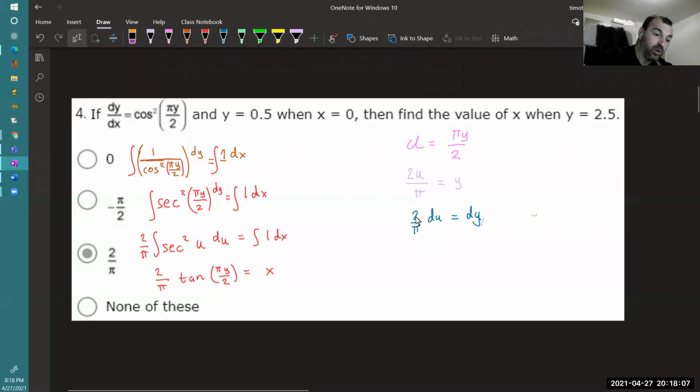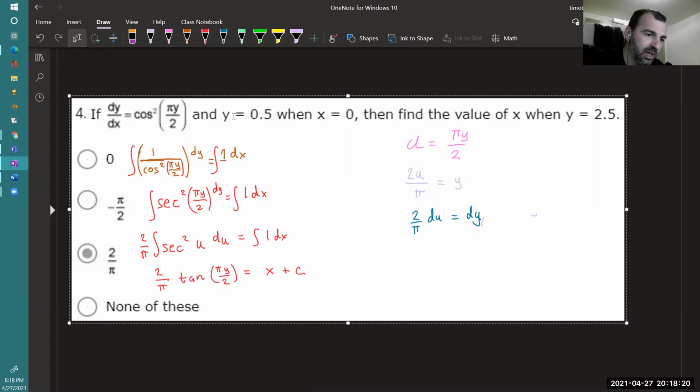There, we did that. Oh, and don't forget plus c, because this is a general solution. Now I can find the particular solution with these givens up here. And then I'll probably have to reevaluate it at 2.5, when y is 2.5, solve for x, okay?